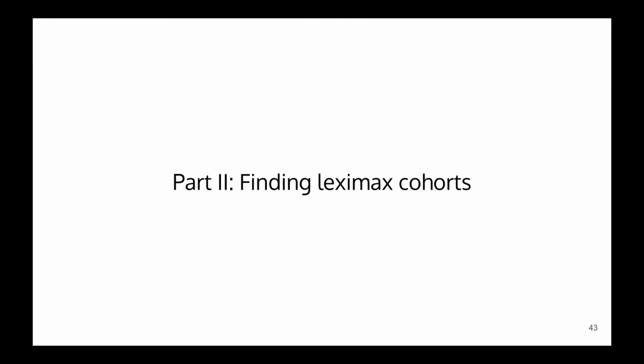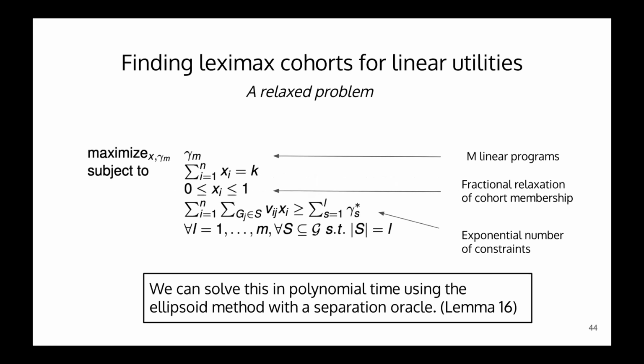And so I've talked now about a few definitions, and for the last part of this talk, I wanted to talk about finding these Leximax cohorts. As you can imagine, finding exact cohorts is a combinatorial problem. So for the relaxed version of the problem, we can directly formulate this problem as a linear program where we relax the integer constraints into fractional cohort membership.